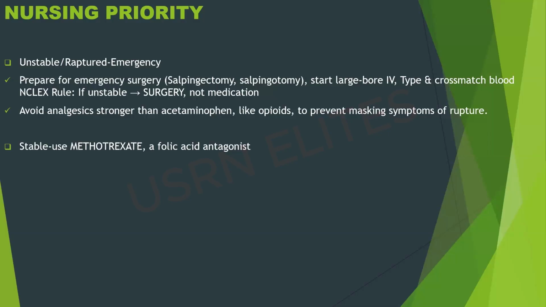And that is salpingectomy. That is what we are going to do. Salpingectomy. Ectomy is just the removal. What's the difference between salpingectomy and salpingotomy? Otomy is the creation of an opening.